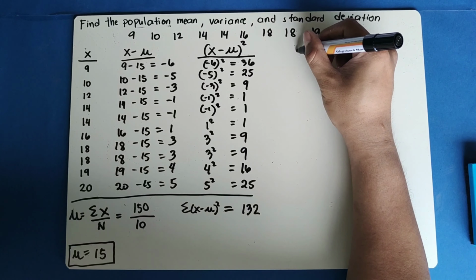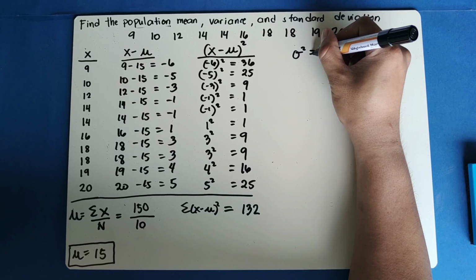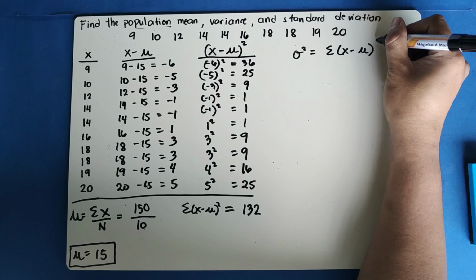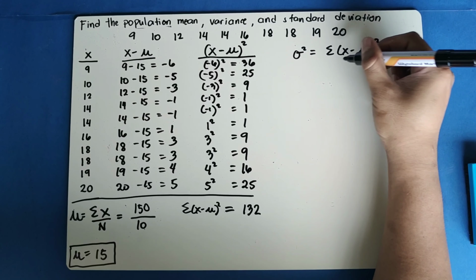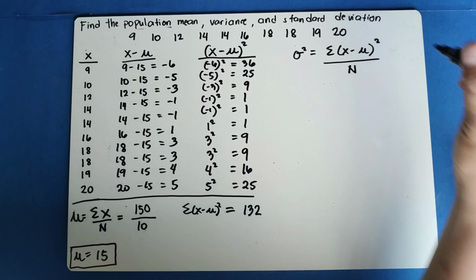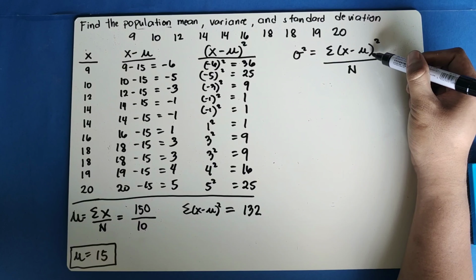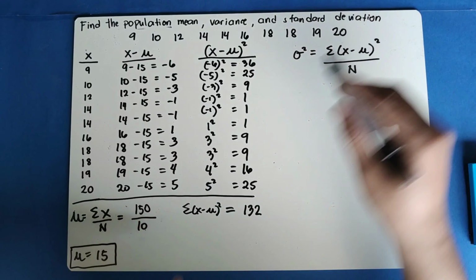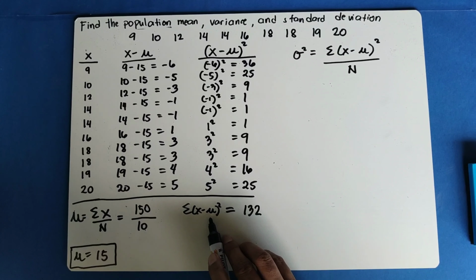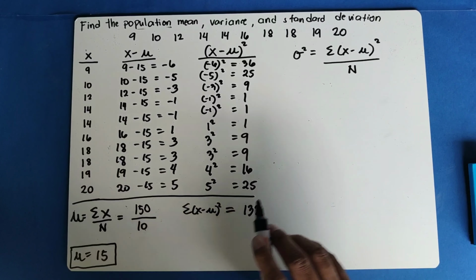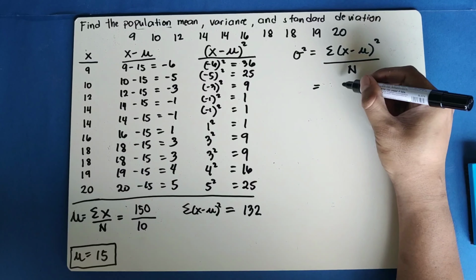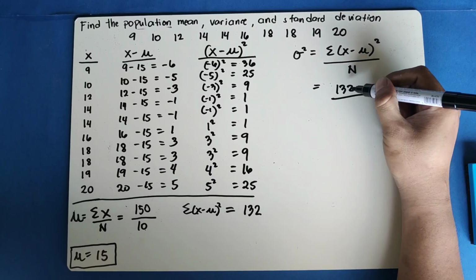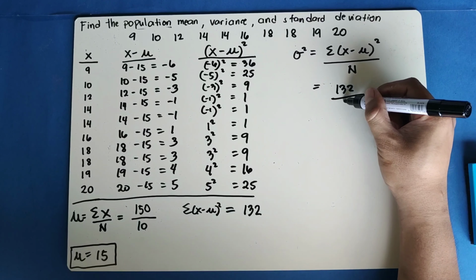Okay, so let's now start finding the population variance. The formula in getting the population variance is the summation of x minus the population mean squared, all over n. Since we now have the result of this summation, we are going to substitute 132 over n, which is 10.